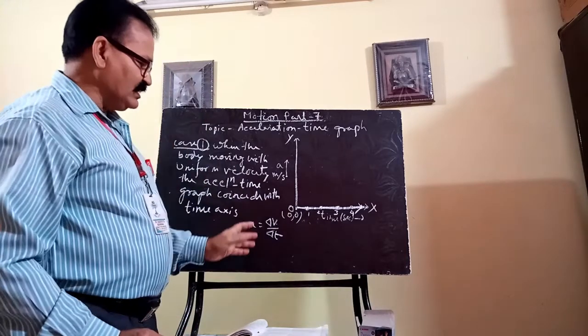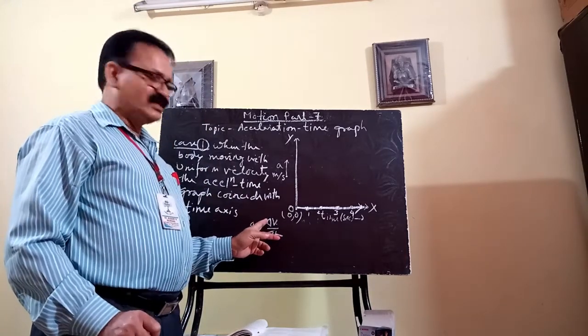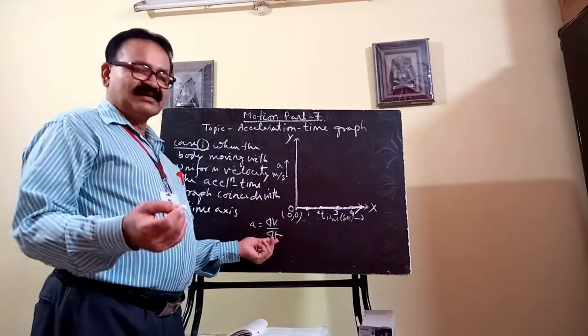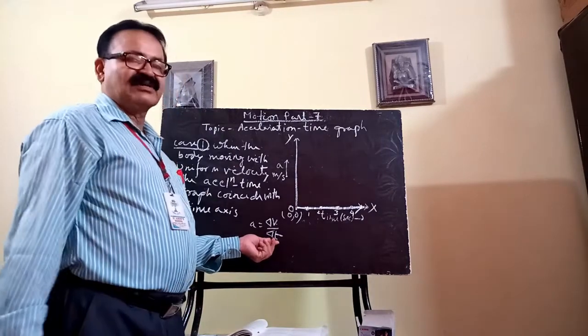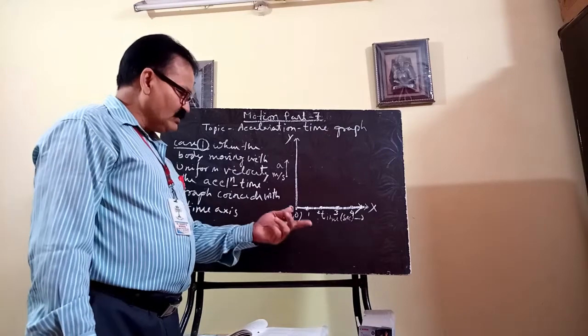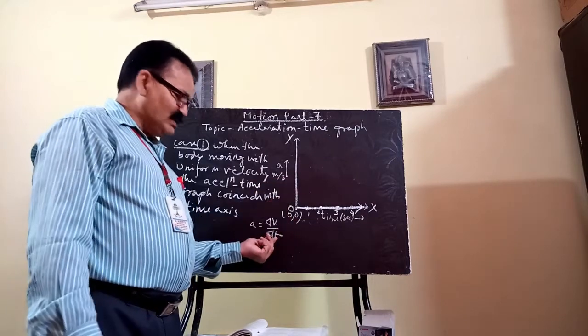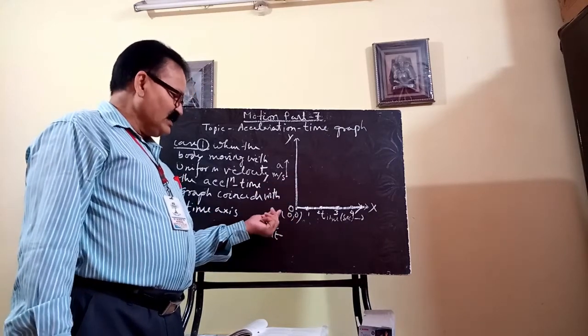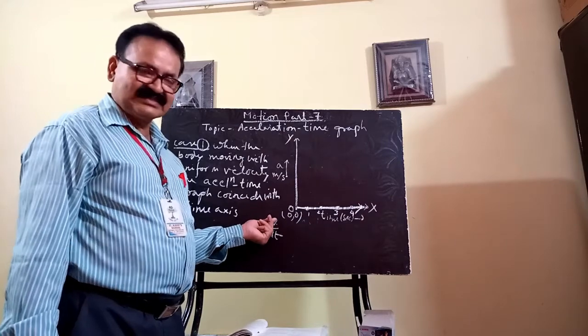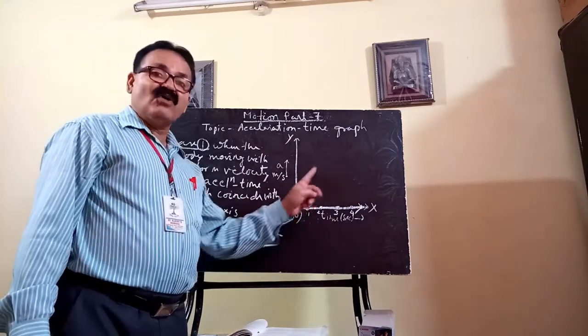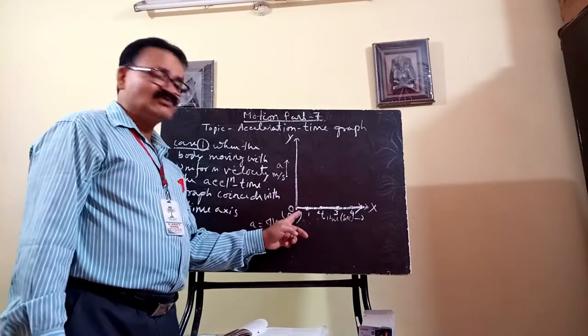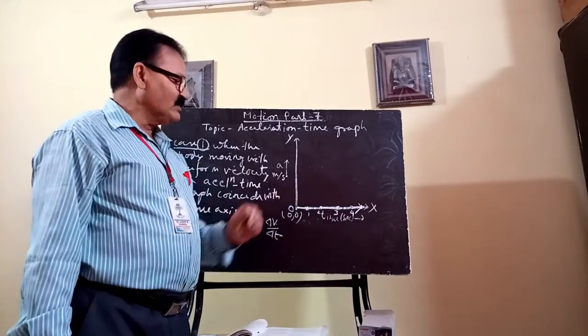In this case, del V is 0, whatever be the time interval between 2 consecutive time instants. The time is increasing but velocity remains constant. So the acceleration time graph is parallel to the time axis and coincides on it.